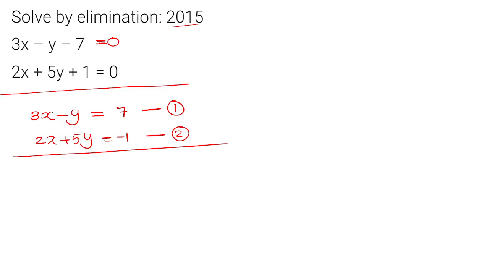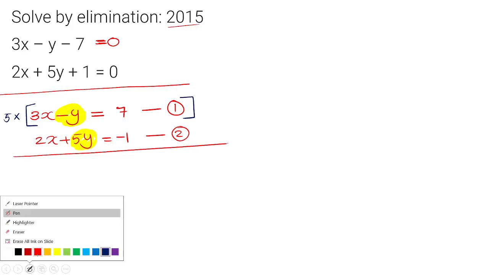So elimination is possible, minus y plus 5y. The first equation is to be multiplied with 5, which becomes minus 5y. So minus 5y plus 5y, we can easily eliminate.